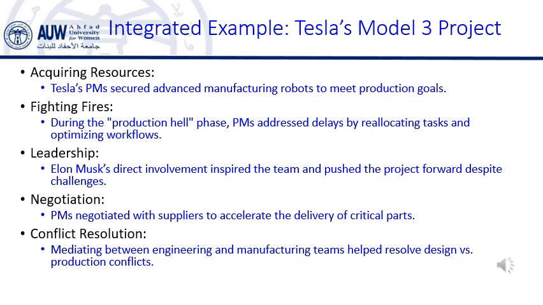2. Acquiring resources. One of the first challenges Tesla faced with the Model 3 project was acquiring the right resources. The project required a vast amount of raw materials, skilled labor, and cutting-edge manufacturing technology. Key resources in the Model 3 project. People: Tesla needed to hire and train a large workforce to build the new car.